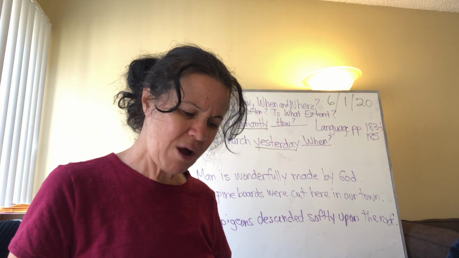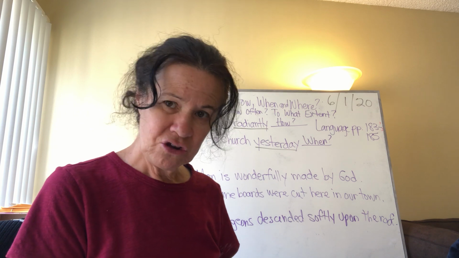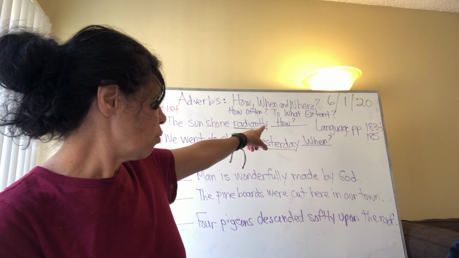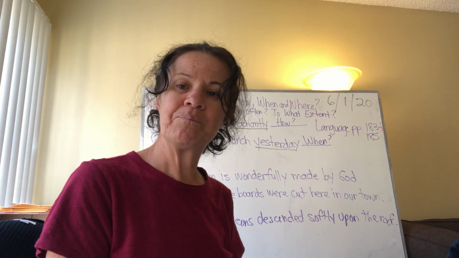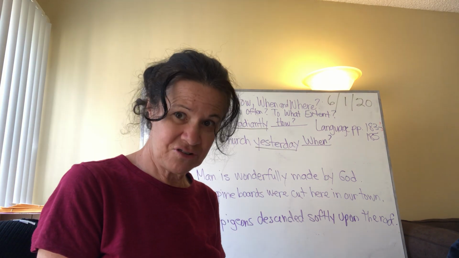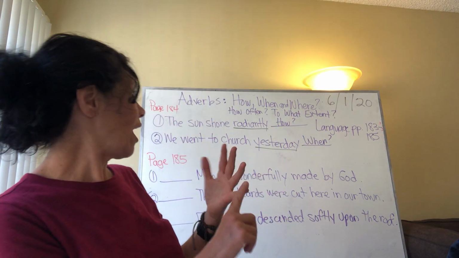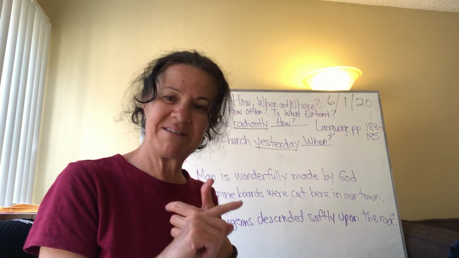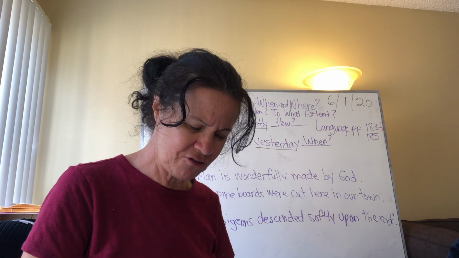Now, on page 185, part C, you're going to do what you did here where you wrote the question that it answers of how, when, where, how often, and to what extent. It's going to be one of those 5.